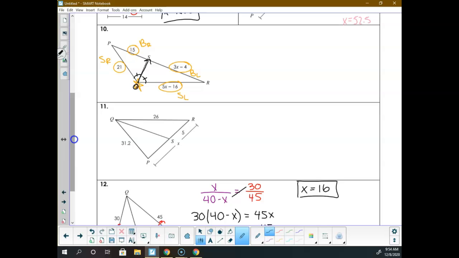It's coming from Q right here, and it's going down to S. So basically, Q should be your top for your vertex every time, at least on these. So 15 over 3x minus 4 equals 21 over 5x minus 16.